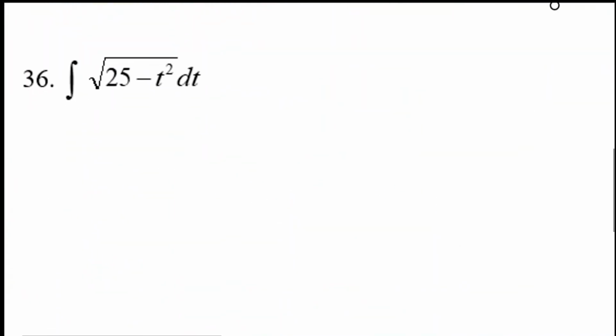Okay, this one looks relatively simple, right? Okay, this one is also trigs up. And this time, what is the trig? Oh, somebody tell me. t is equal to 5 sine theta, of course, right?